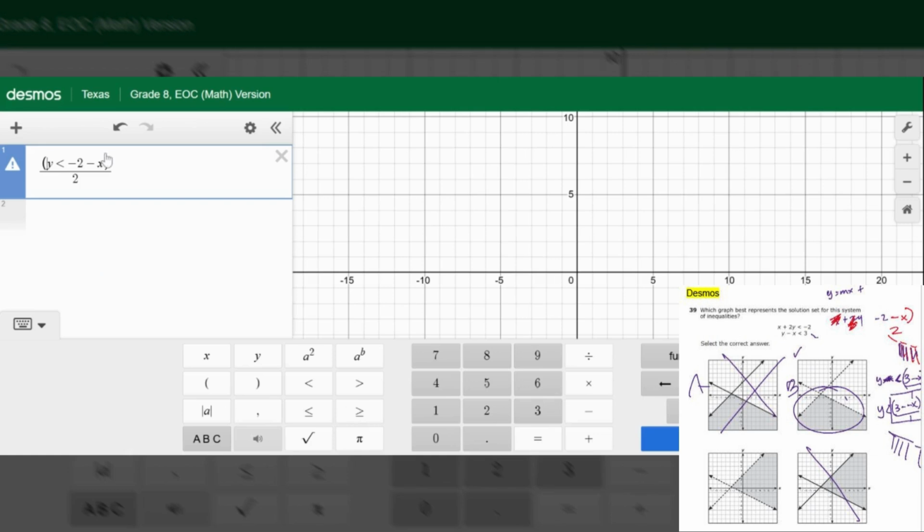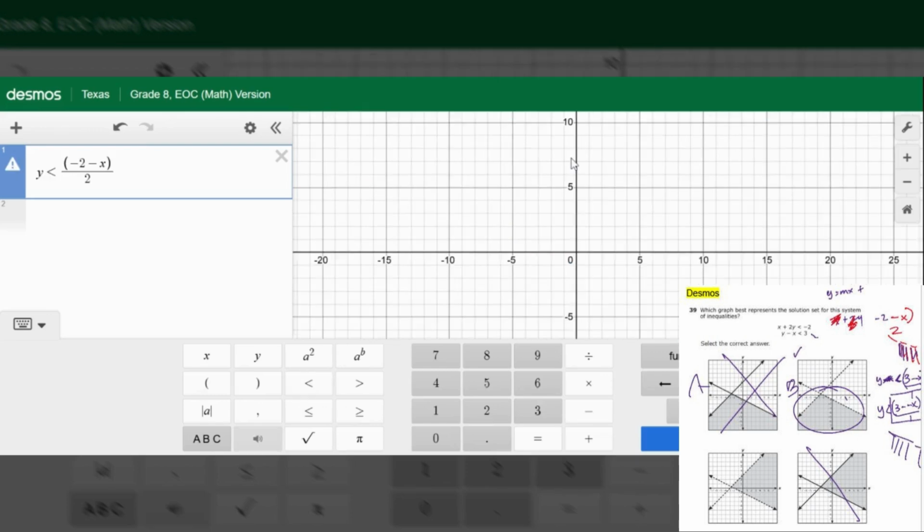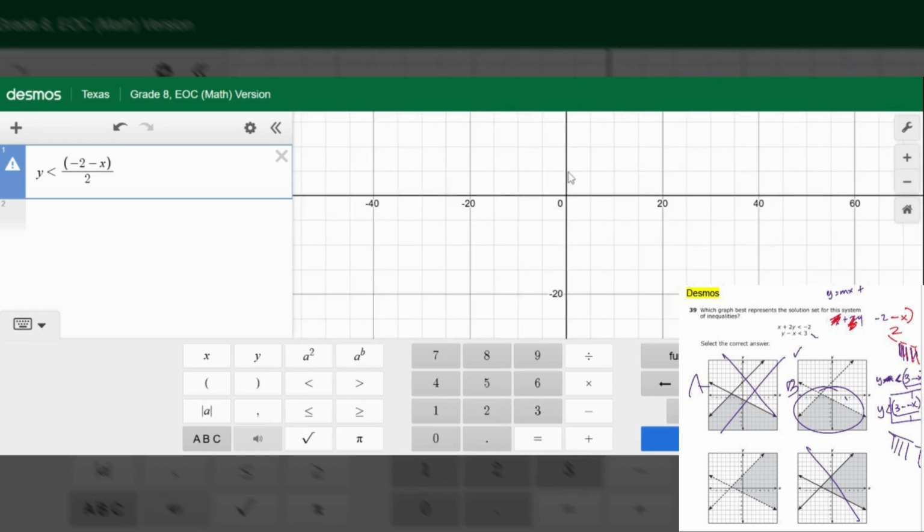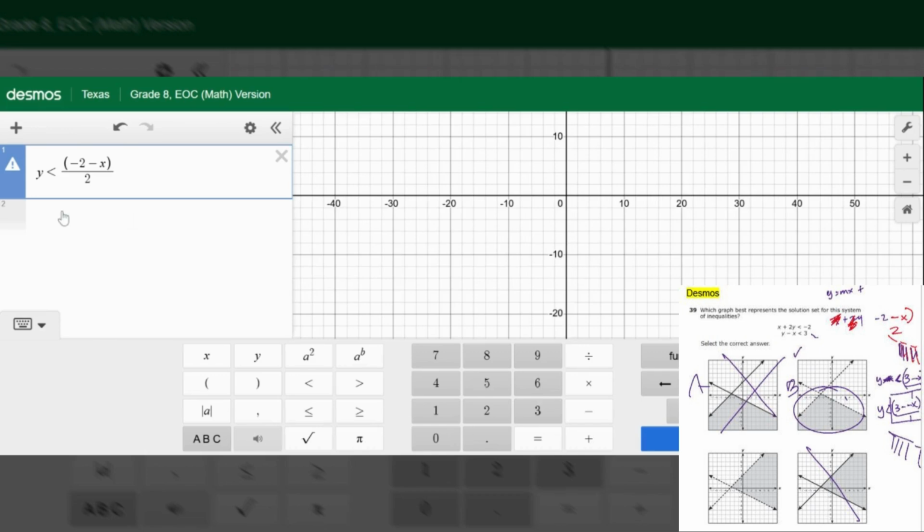This is wrong. Y less than. If you notice, the line did not appear on the graph. And there's an exclamation mark on the left side. It means you cannot do it. Anyway, let me continue.